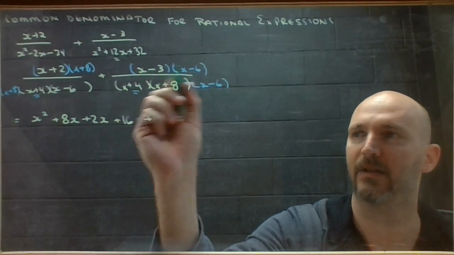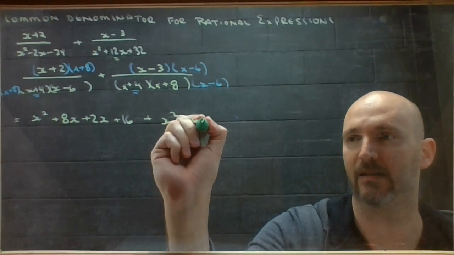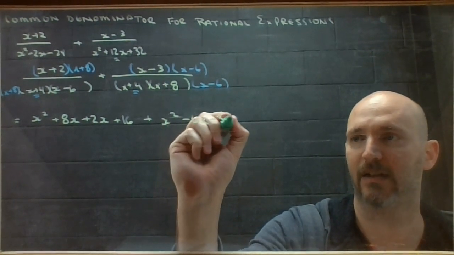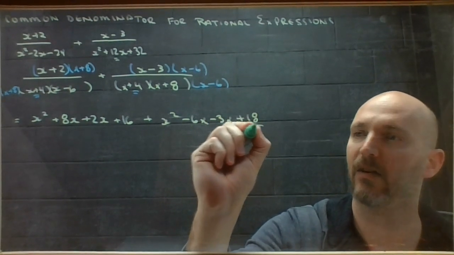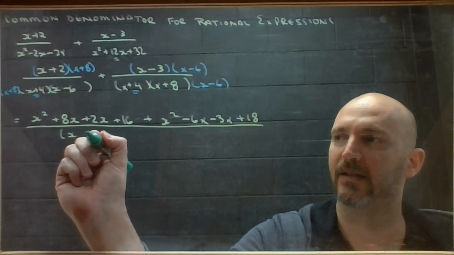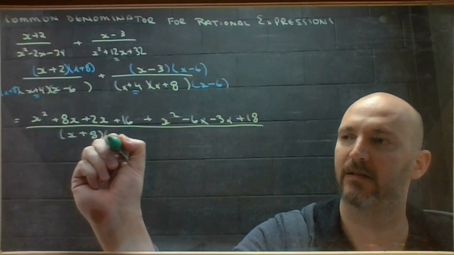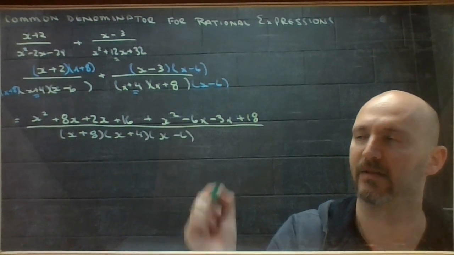Plus x and x is x squared. X and negative 6. Negative 3 and x. Negative 3 and negative 6 would be positive 18. All over top of x plus 8, x plus 4, x minus 6.